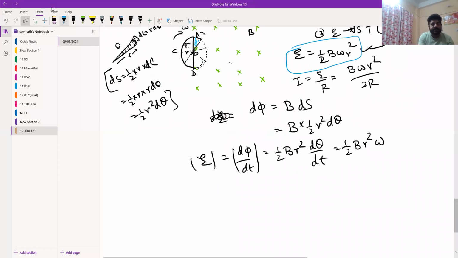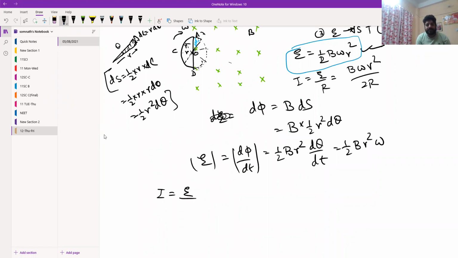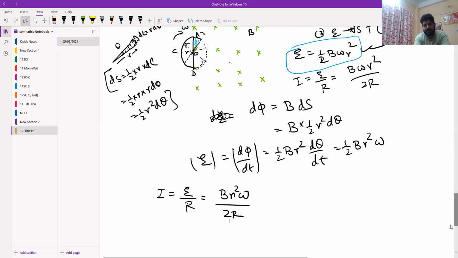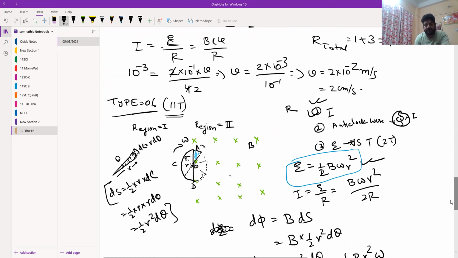So once you get this one, I can say my current is EMF by resistance. So B R square omega by 2R, that is my current. So the second part also done. First part done, second part done. Now the third part, the relation between current and time period. See, when it is moving from here to this one, it will take T/2 time, and again it will be moving out.